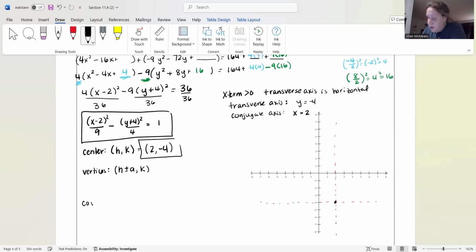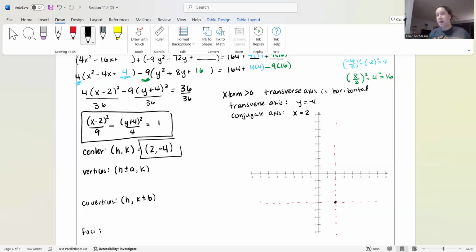My co-vertices are going to be the opposite. The co-vertices run along the vertical axis, so we need to play around with the y's. So my co-vertices are going to be h, comma, k plus or minus b. And then the foci are going to be along the transverse axis, the main horizontal axis, so we tweak the x coordinate from the center.